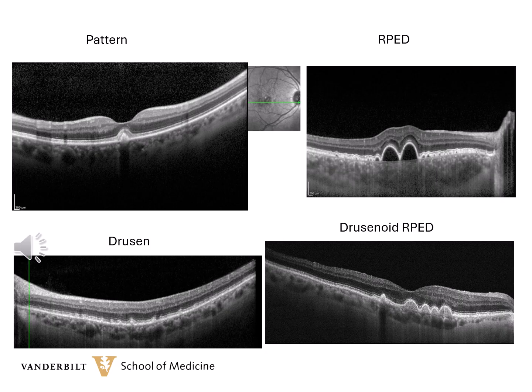Note that typically the RPE elevations are hyporeflective in a PED, but it's hyperreflective in pattern. The bottom left photograph shows multiple small drusen, and the bottom right shows what is called drusenoid pigment epithelial detachments.